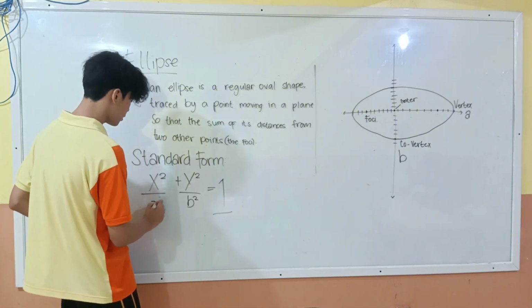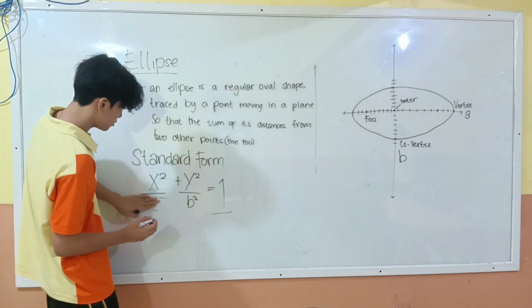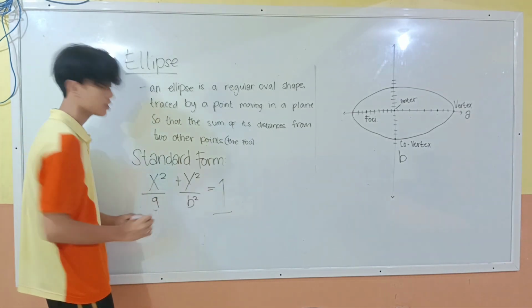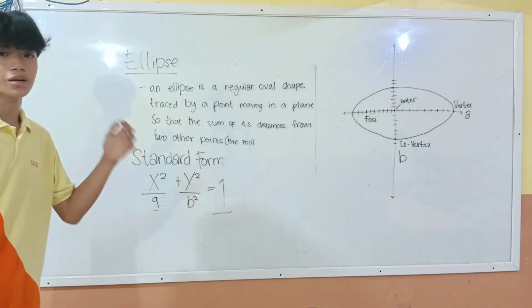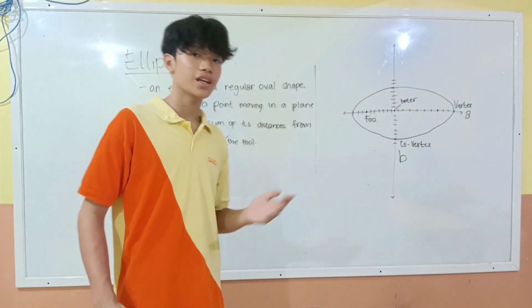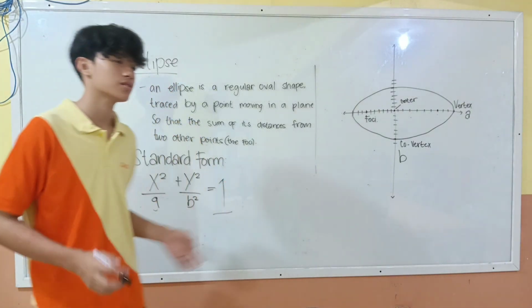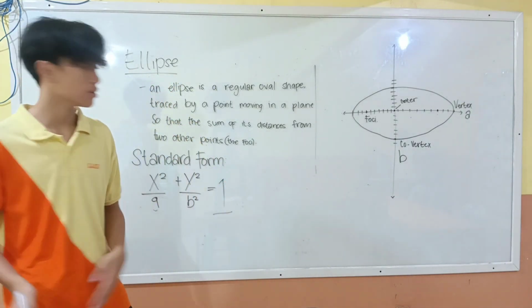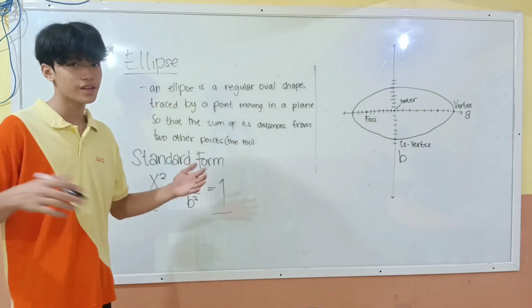So example, if it's 3 squared, don't put it as 3 squared. Place it as 9 so that it is simplified. So up next, we're going to learn how to graph an ellipse and its equations. And then we will also tackle how to find the foci and maybe even the latus rectum.